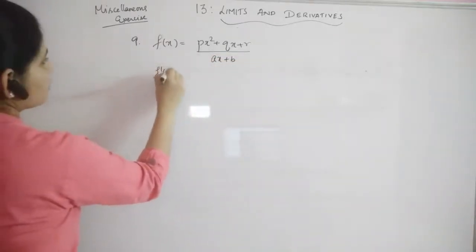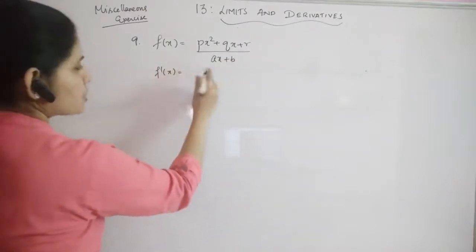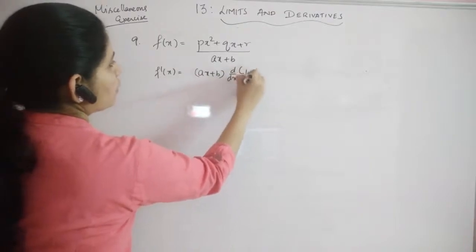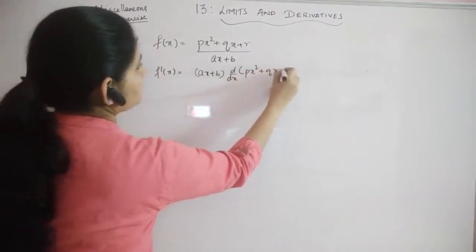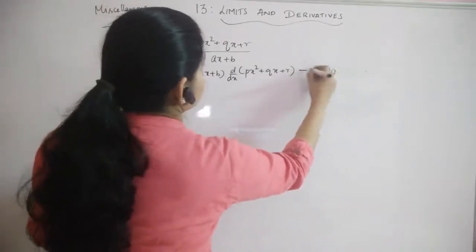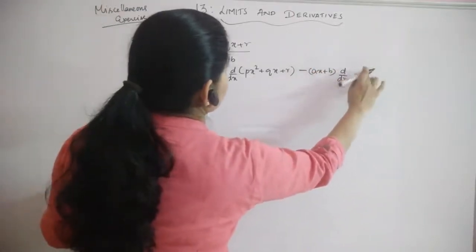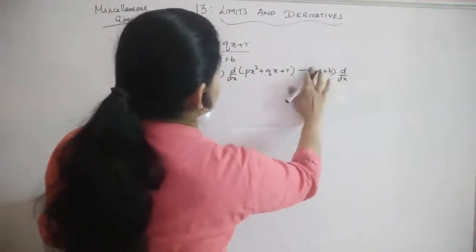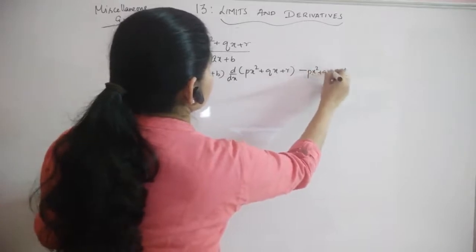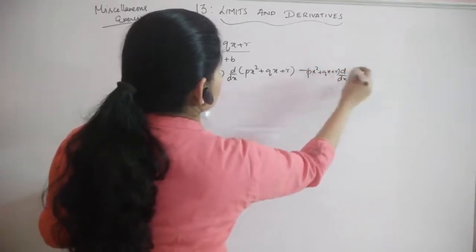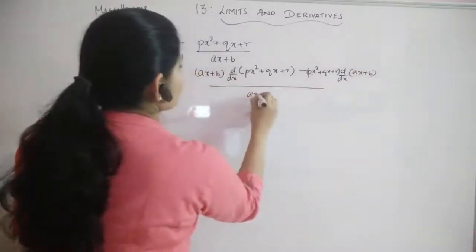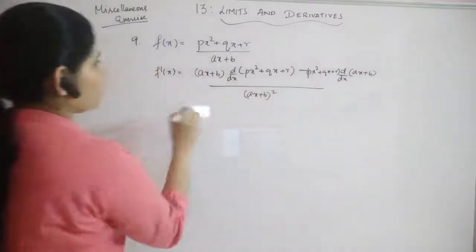So f'(x), again we are applying the quotient rule, which is denominator into derivative of numerator, minus numerator into derivative of denominator, divided by denominator square.